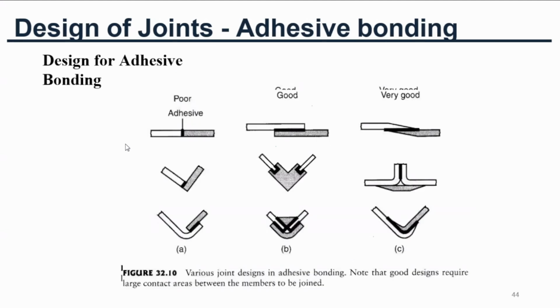We should think about these cases. Here you can see poor, good, and very good joints. Using this image, you can understand how to join two parts using adhesive.